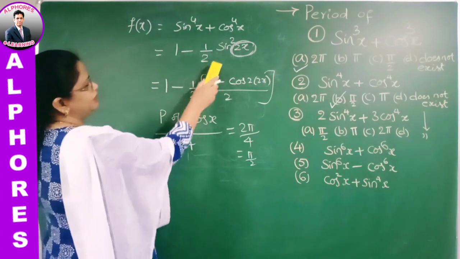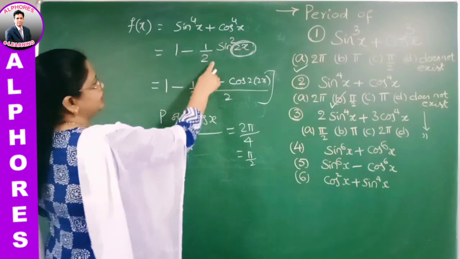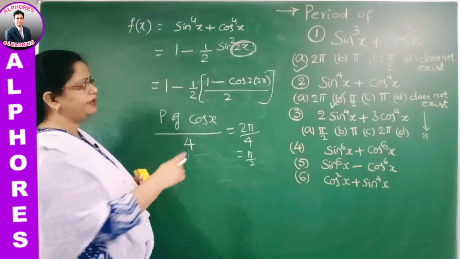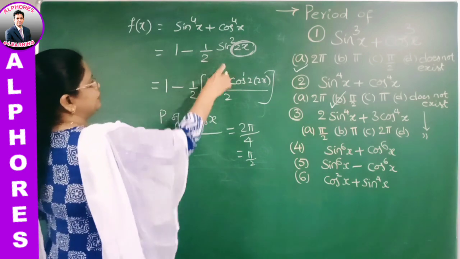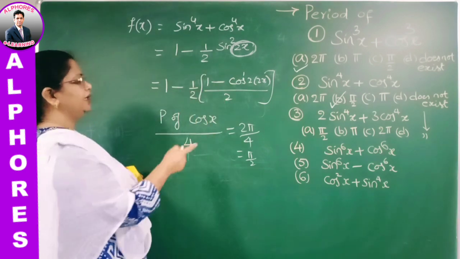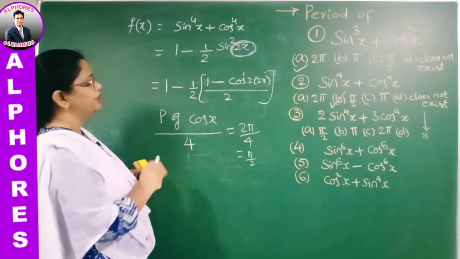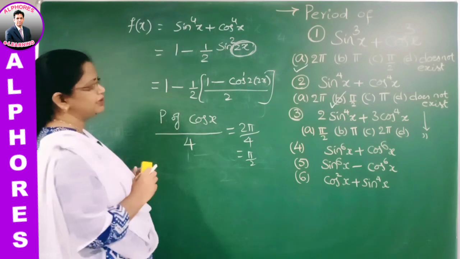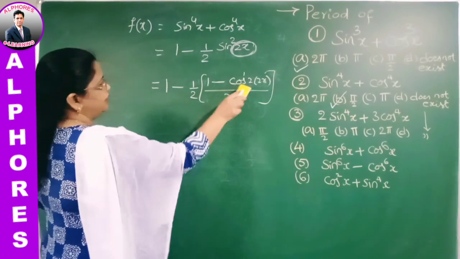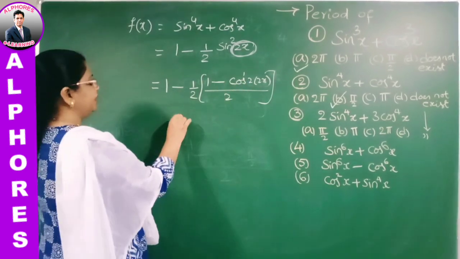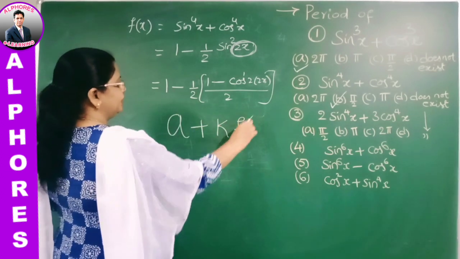And therefore you observe, for sin square x we wrote the formula 1 minus cos, because once you want to find the period of a function, it should always be first degree, and that will be possible with this kind of formula. After using that formula we approach this type of value. So what you have to observe clearly is that whatever other values beside these trigonometric functions, it is of the form a plus k times f of x.